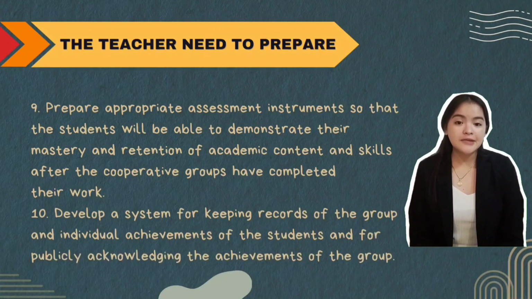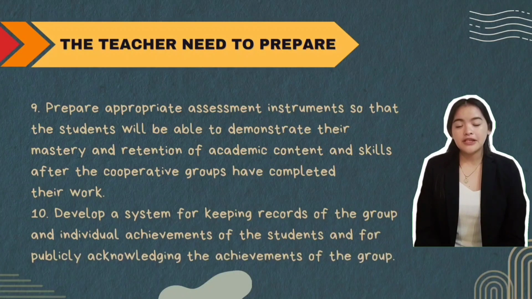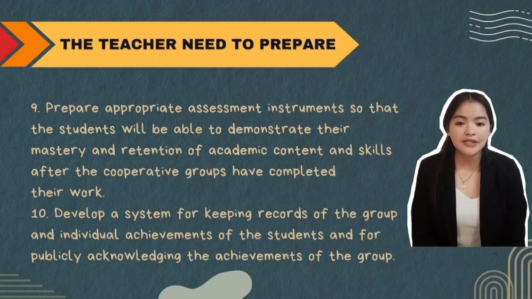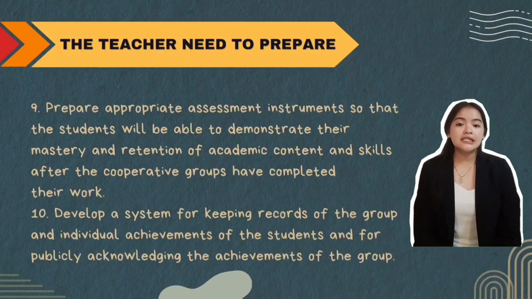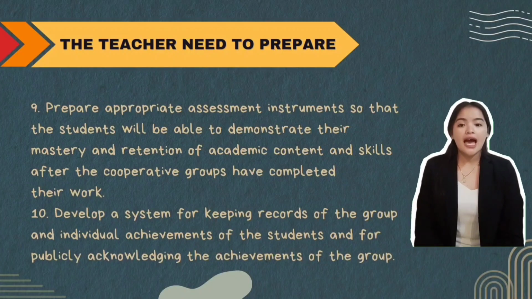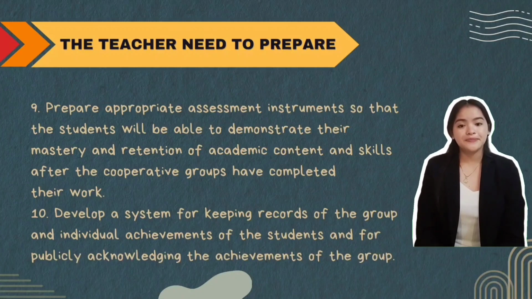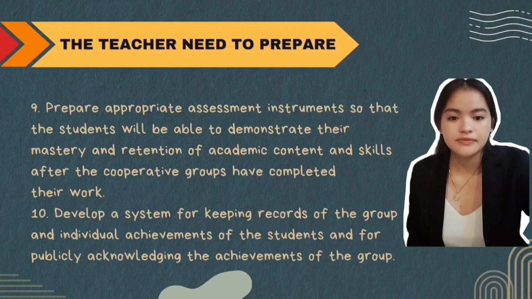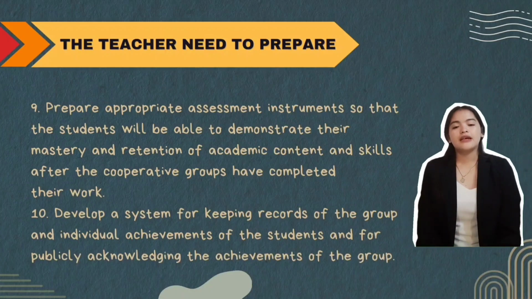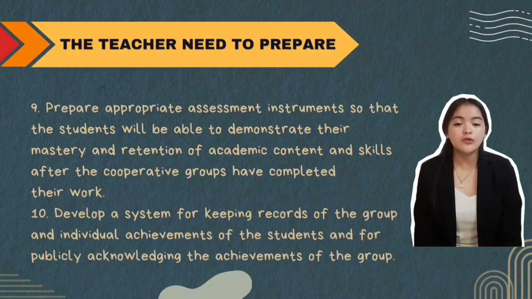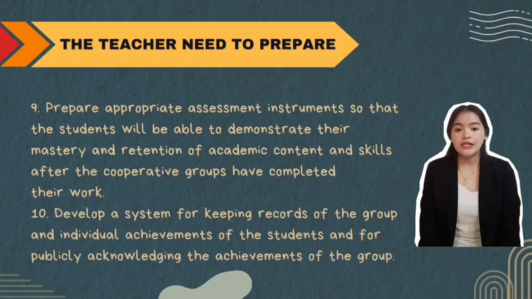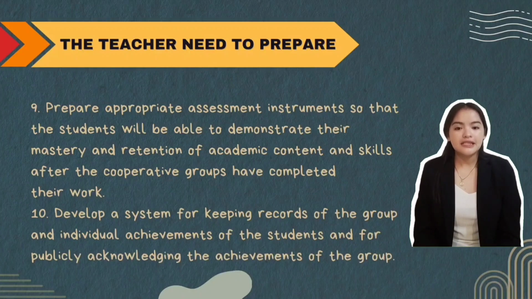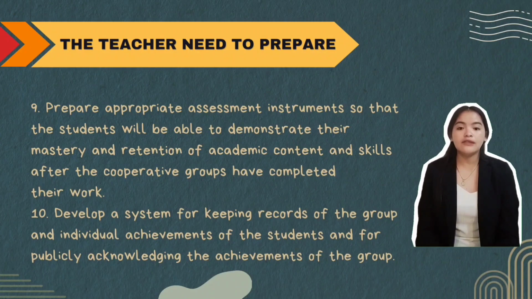Ninth, prepare appropriate assessment instruments so that the students will be able to demonstrate their mastery and retention of academic content and skills after the cooperative groups have completed their work. Tenth, develop a system for keeping records of group and individual achievement for publicly acknowledging the achievement of the group.